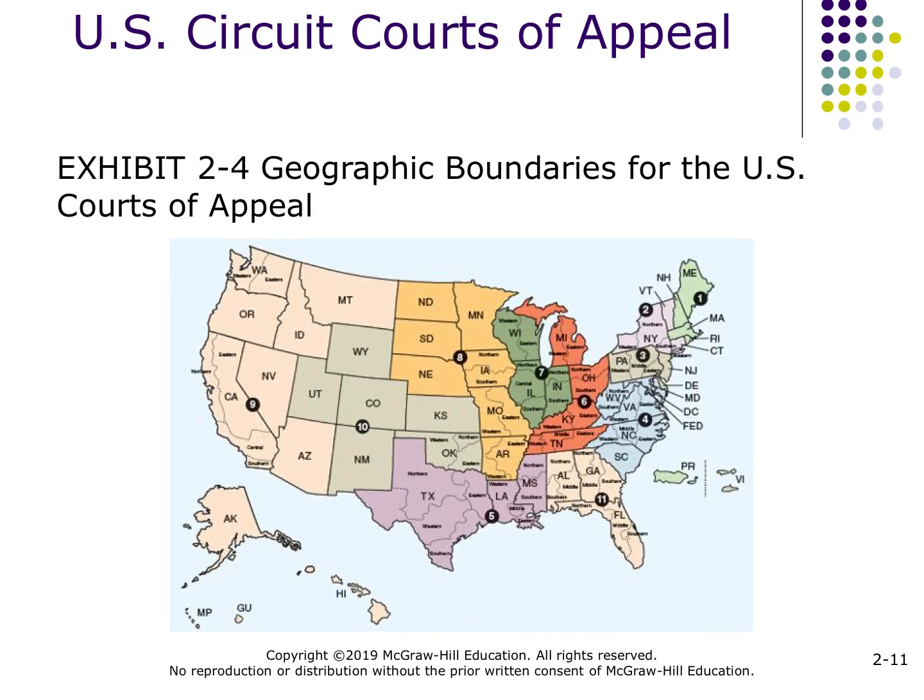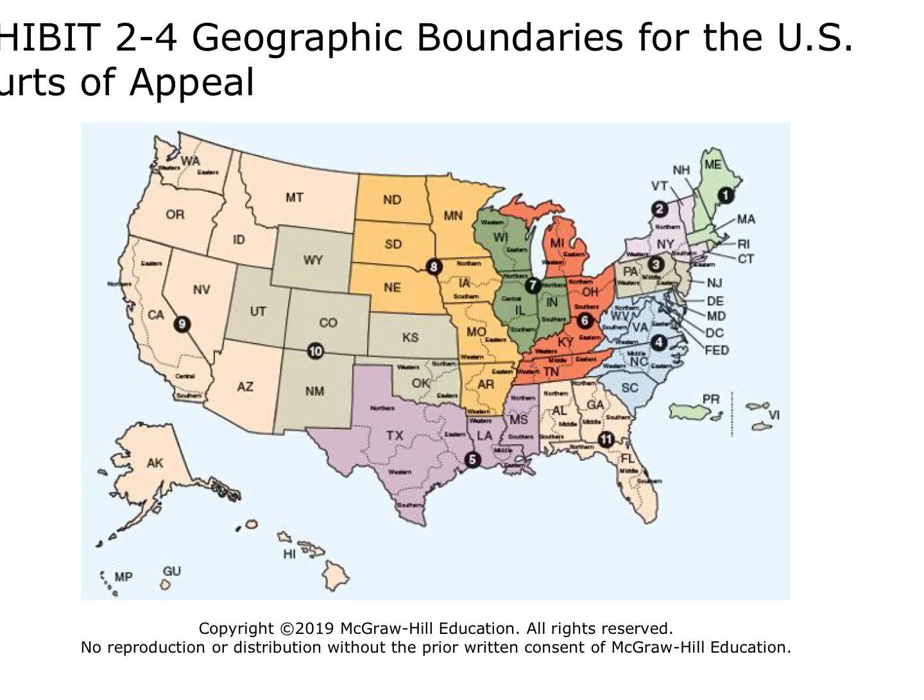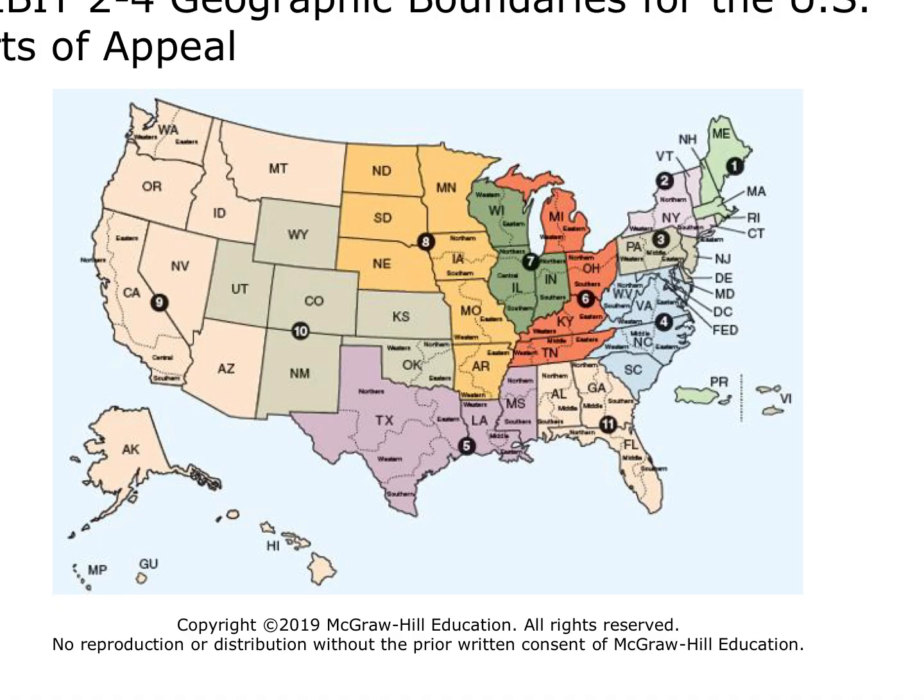All right, so this is just a map. You can see the districts for the courts of appeal. You'll notice that the great state of Missouri and the great state of Illinois, even though they are right next to each other, are not in the same district.